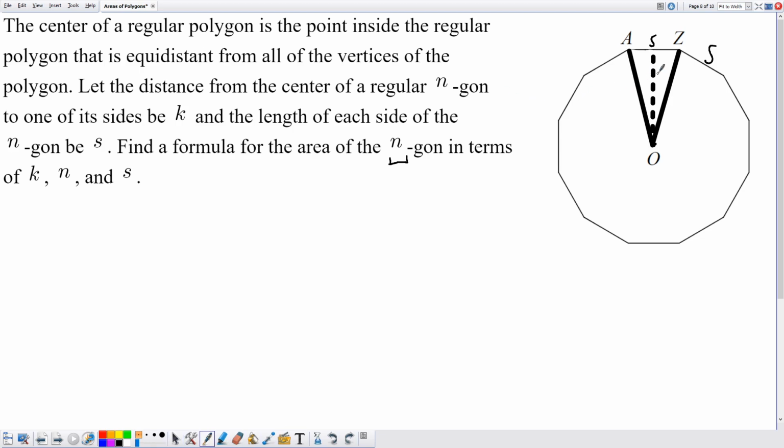Now again, we have that this length SO is k, and this line here is perpendicular, and these side lengths are the same because by definition the center is equidistant from the vertices, which means that this triangle is isosceles.